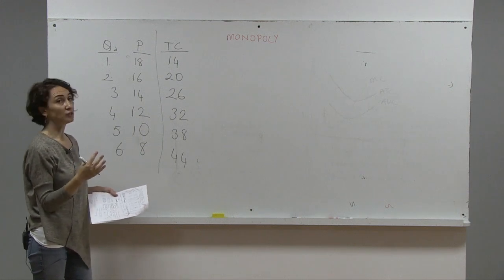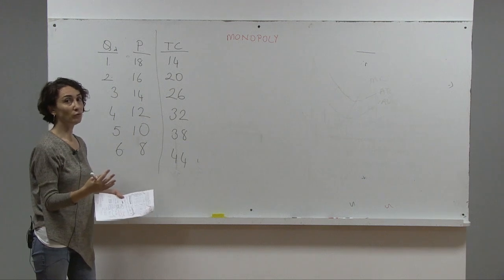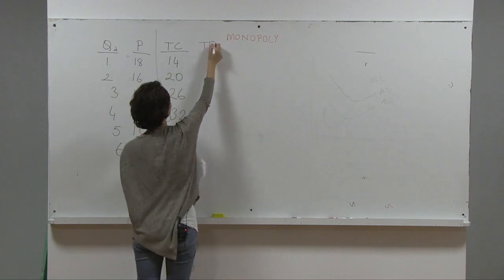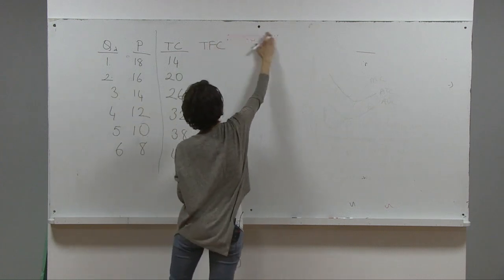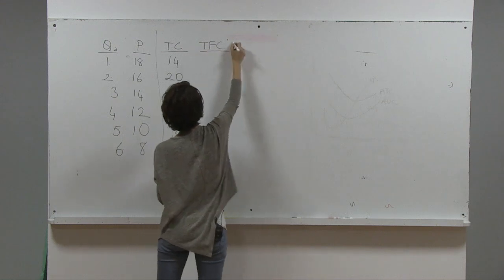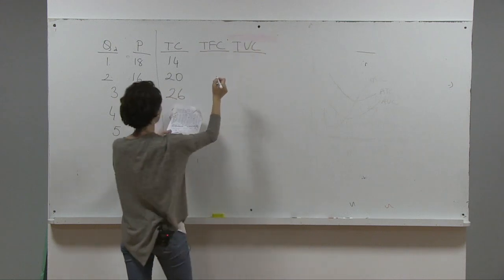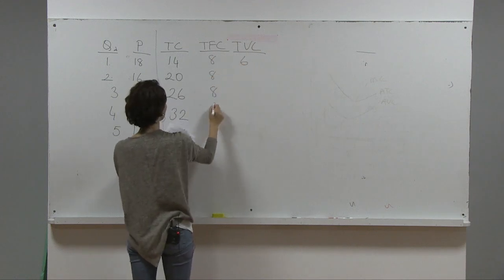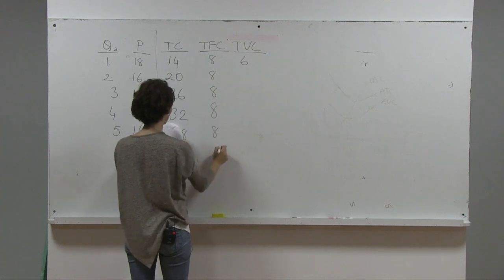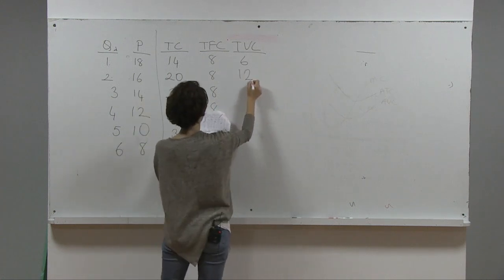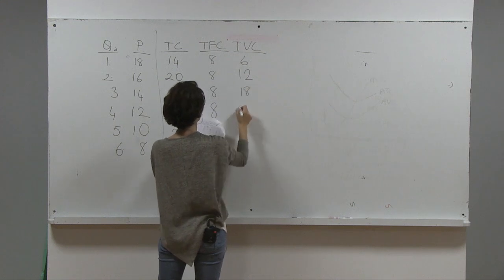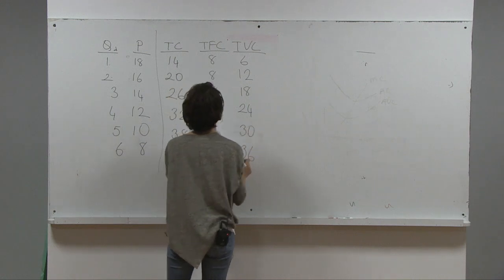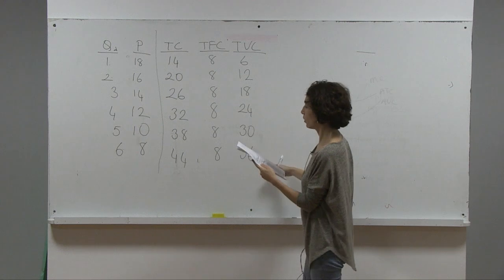Total cost in the short run has two components. It is the sum of total fixed cost and total variable cost. I will give you those as well. Total fixed cost, total variable cost. Total fixed cost is the cost of fixed input, so it's a fixed number. Okay, this is the total variable cost.